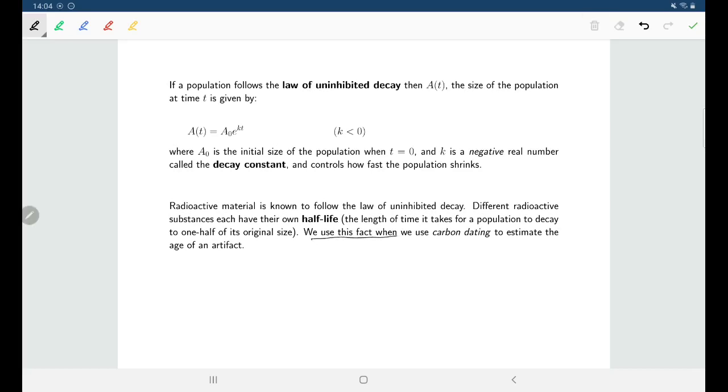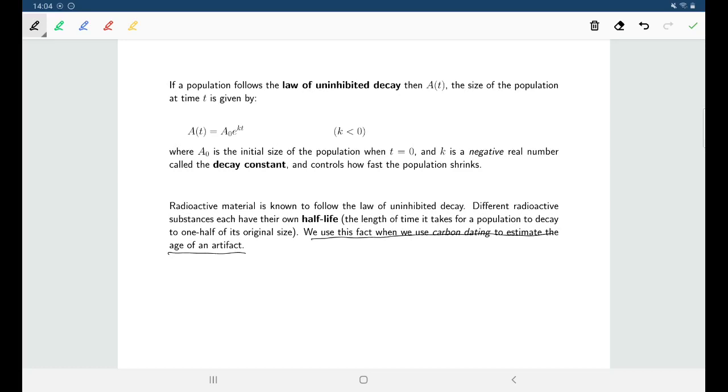This gets used when we're estimating the age of artifacts. This is a good application of uninhibited exponential decay. If we're looking at some sort of organic material, a bone or a tree or some sort of plant material that we've dug out of the ground, we can use the fact that every living being has some radioactive carbon in us.